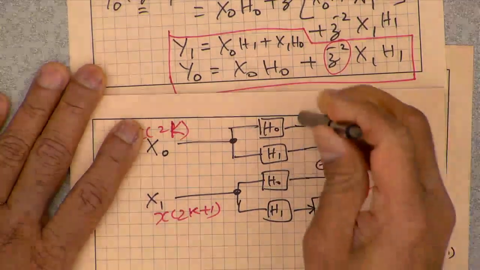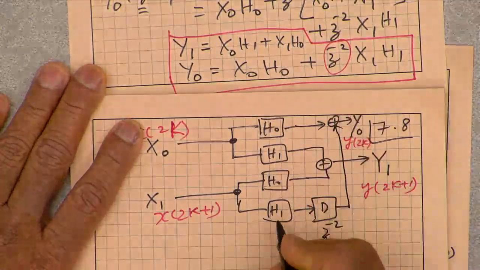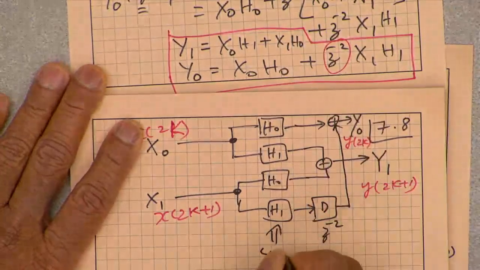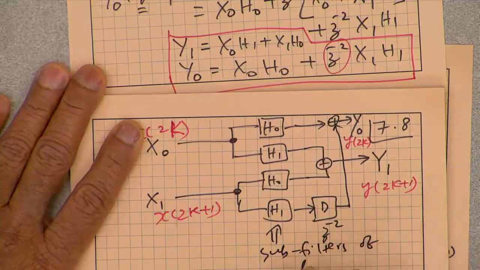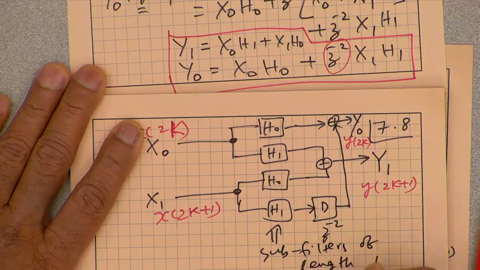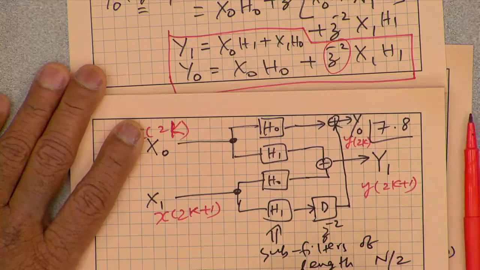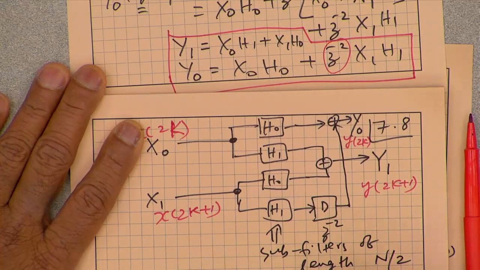Now what are these filters here? These are sub filters of length n by 2 for an n tap filter. So what does that mean?